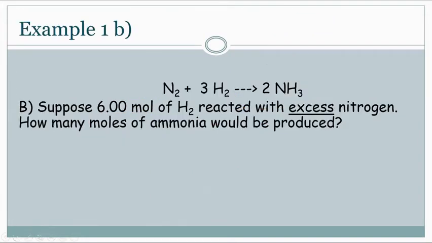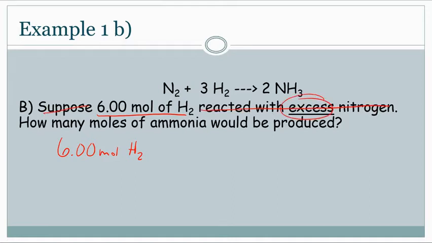So if I have another situation where I'm looking at 6 moles of H2 reacted with excess nitrogen. So 6 moles of H2, that's what my given is, reacted with excess.